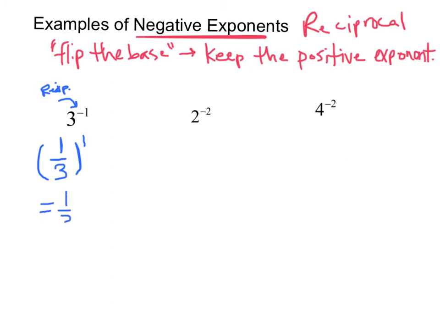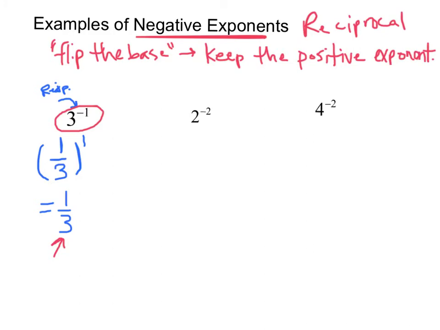So we have 1/3. So anytime we see any number that has the power of negative 1, it basically means that we're taking the reciprocal of it. Because if I have 3 and I tell you to take that to the negative 1 power, all you're really doing is making a reciprocal.